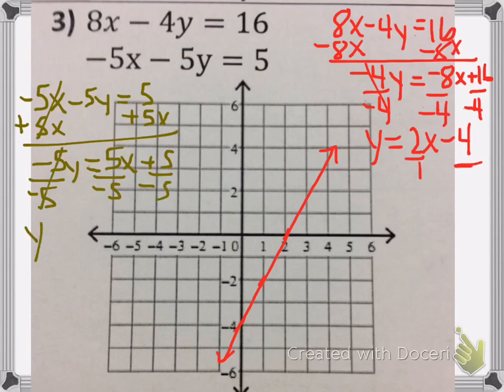It cancels over here, and I get y equals negative 1x minus 1. So I am going to start at negative 1, which is right here, and go down 1, right 1, down 1, right 1. And you can see your point of intersection as you draw those ordered pairs. Our point of intersection is right here, and that ordered pair would be 1, negative 2.